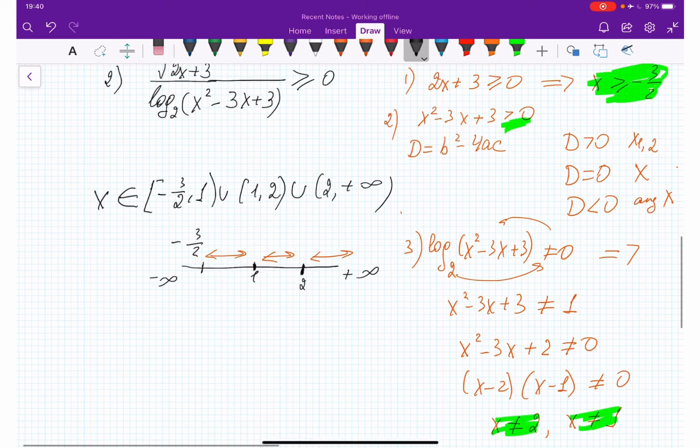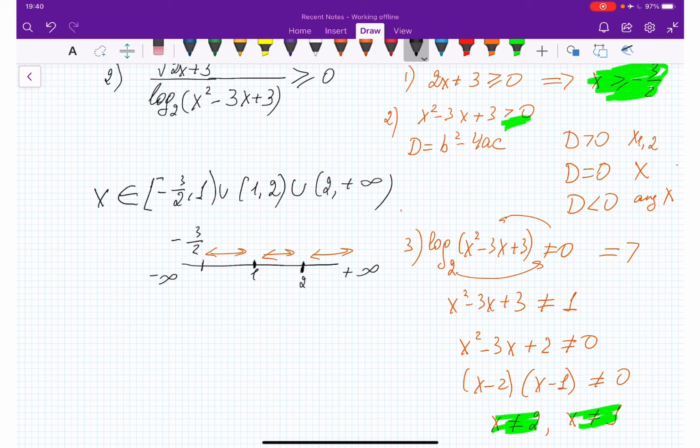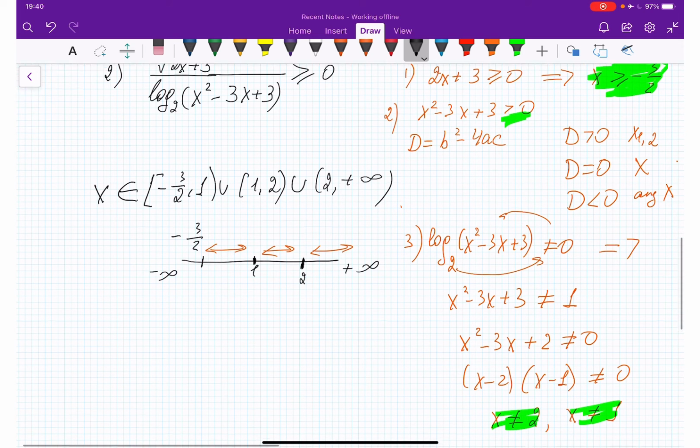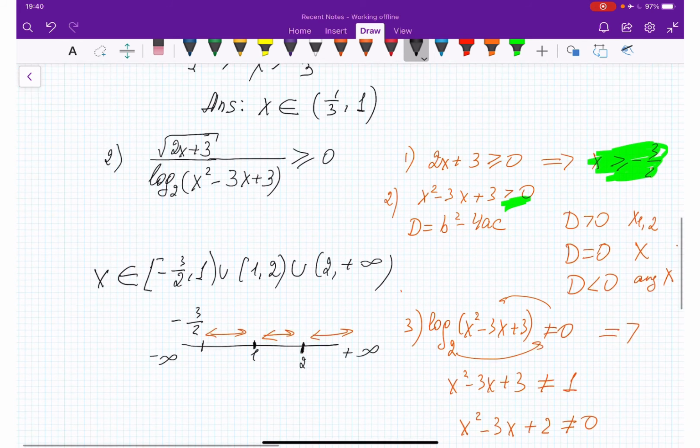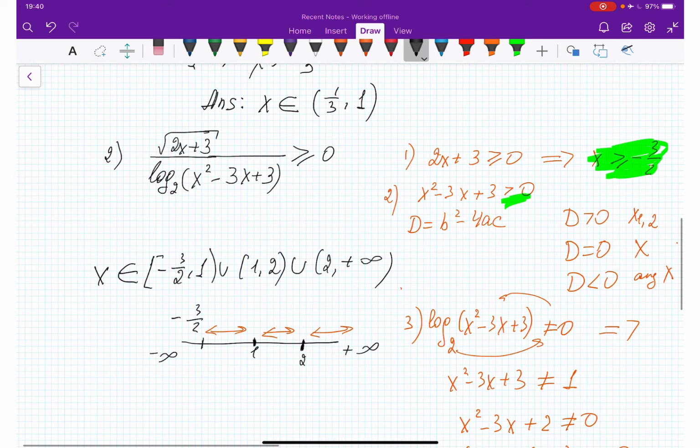Okay. So let's look at the intervals: between negative 3 over 2 and 1, between 1 and 2, and 2 to positive infinity. The numerator of the fraction for our inequality is positive.